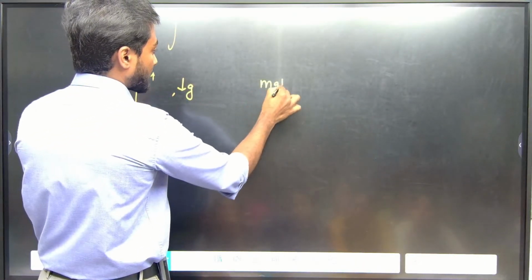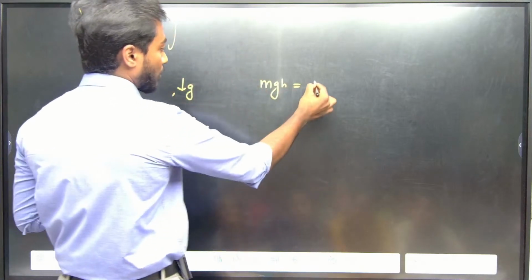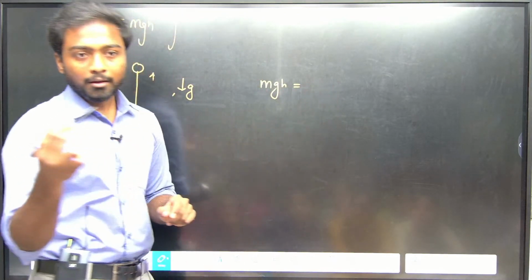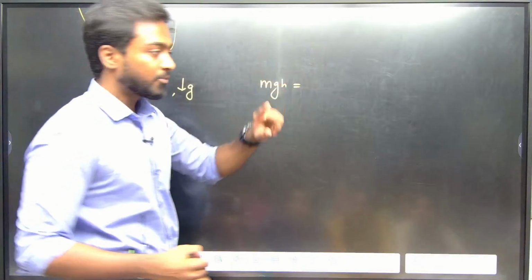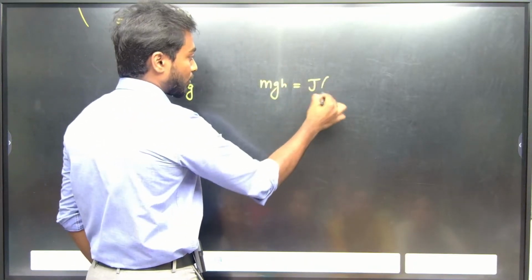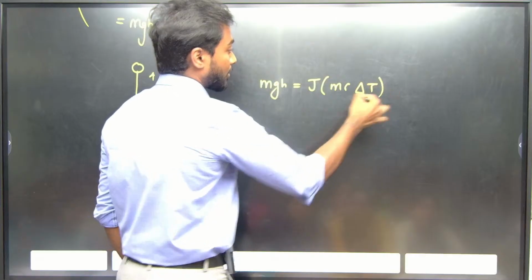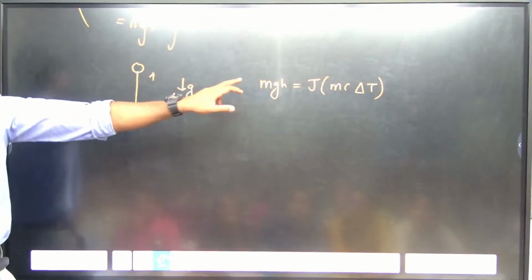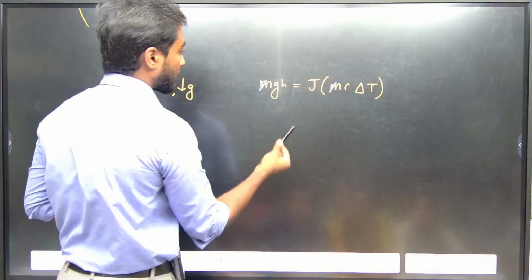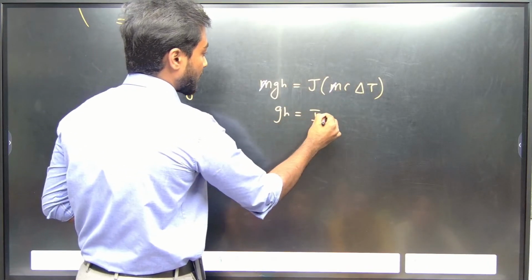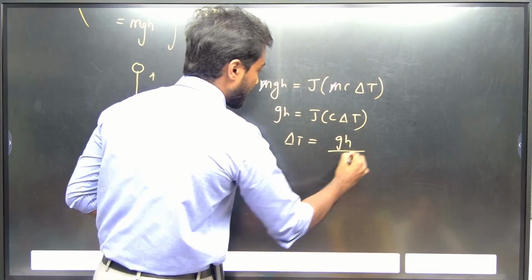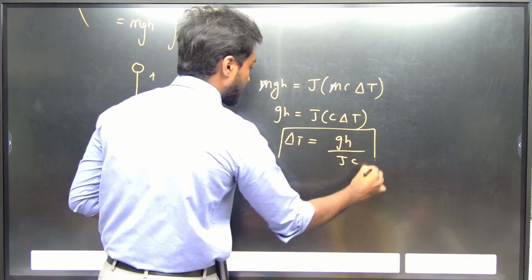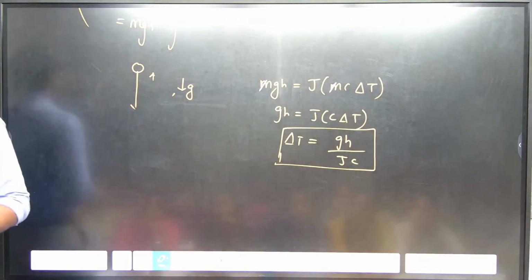So can I say mgh, the work done, is equal to, since they are asking the change in temperature, which formula should I use? mc delta T. So J into mc delta T. For change in state I can use m into L. So I can cancel these two terms, m. So gh will be equal to J into c delta T, where the change in temperature will be gh by J into c. This is my change in temperature when a body is falling from the height h.